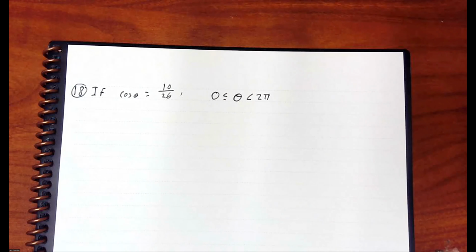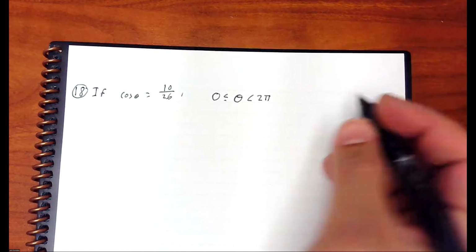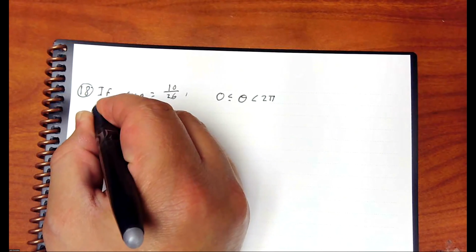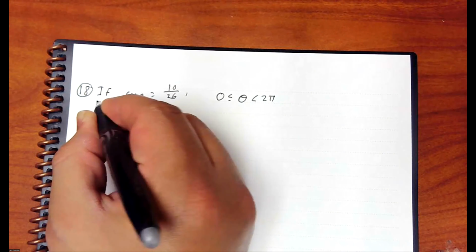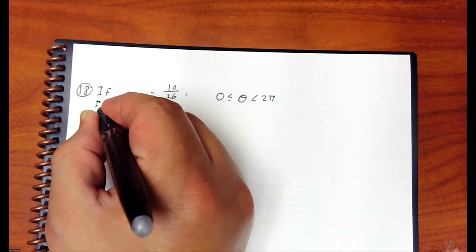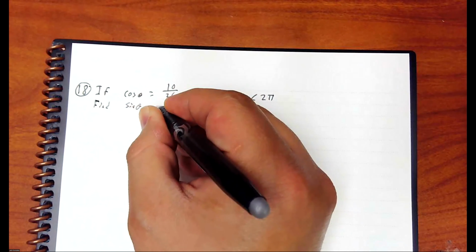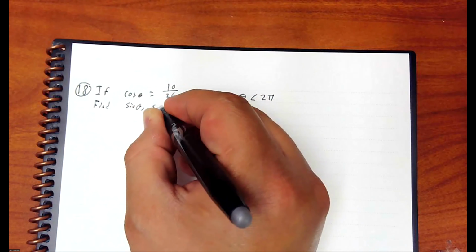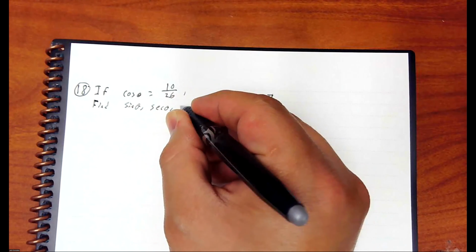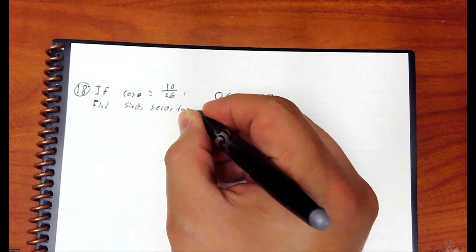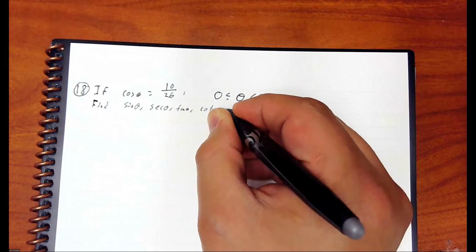Same thing. So they're giving this information. Find sine theta, secant theta, tangent theta, cotangent of theta.